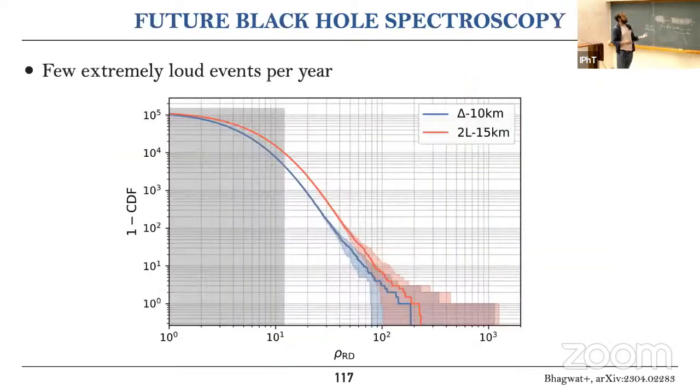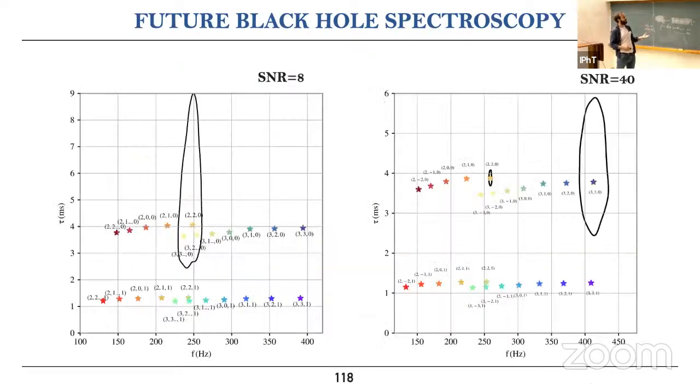What does it mean in terms of black hole spectroscopy? We're going to get signals with SNRs of hundreds. So what Alex was asking before, how does this plot look like when I have much more sensitive detection? For the moment, this is what we are measuring, right? It's the same plot as before. The stars are the spectral prediction from GR. There are different frequencies and different damping times for all the modes.